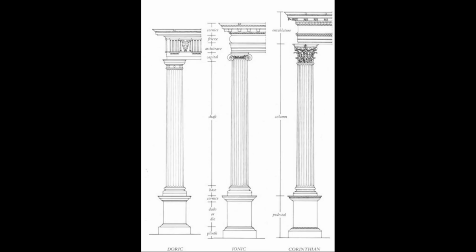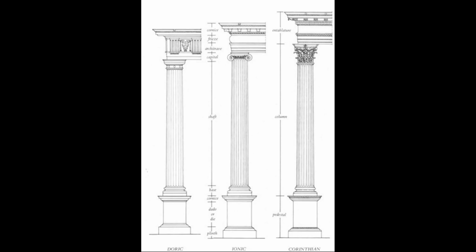The columns in classical architecture occur in 3 degrees of richness known as the classical orders. They vary in proportion, but their main difference lies in the capital or head of the column. The simplest of the classical orders is the Doric, which has a plain and simple capital, as you can see.